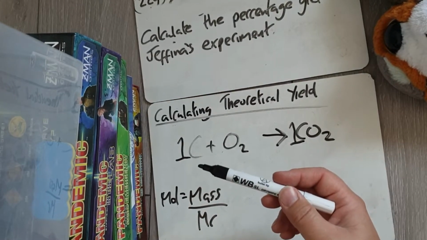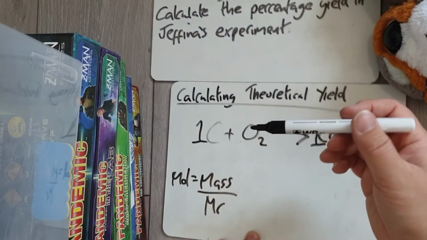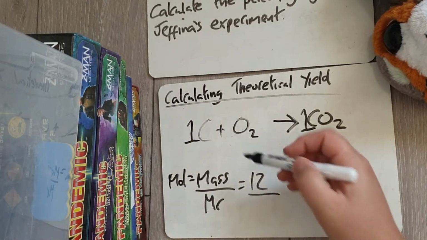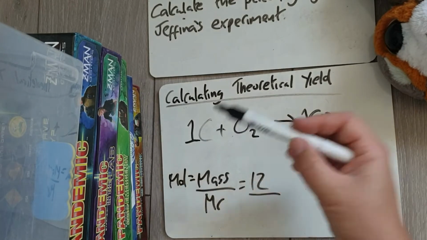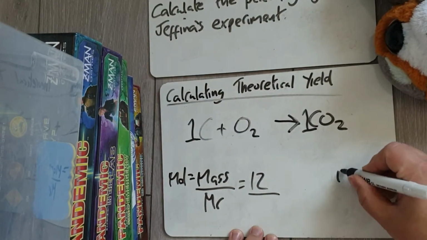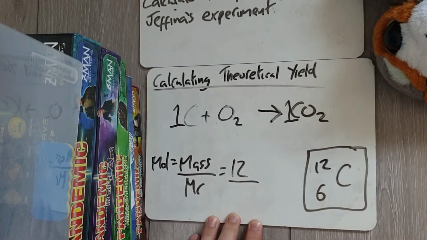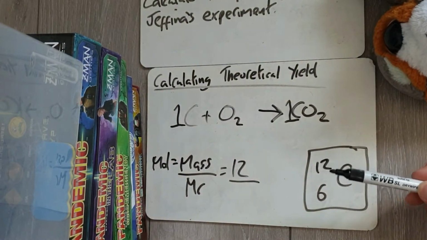How much carbon do we have? We go back to our question. She had 12 grams of carbon, so the mass equals 12. What's the Ar, Mr of carbon? So we look at our periodic table. I haven't got one to hand, unfortunately. Carbon, which one's the Ar? It's the top one, it's 12.